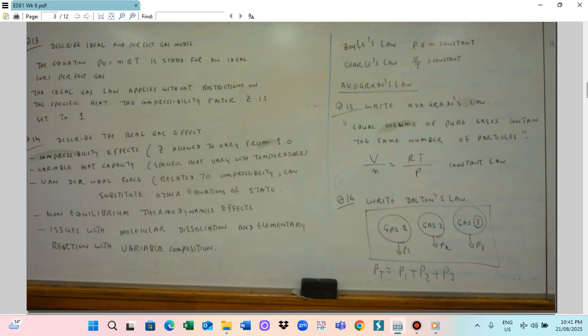The next one is the Avogadro law. So in this case, there was a question: write the Avogadro law. Question 50. Write the Avogadro law.